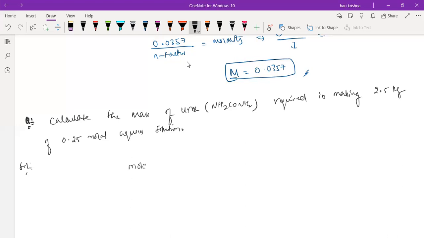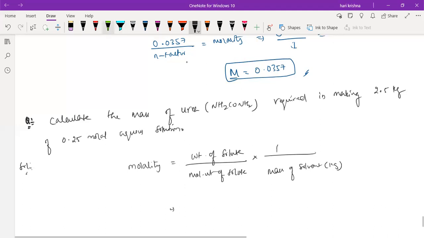Molality is equal to weight of solute by molecular weight of solute into 1 by mass of solvent in kgs.